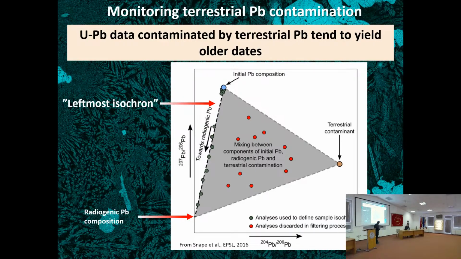So we have established a statistical protocol to remove the data that are contaminated by terrestrial lead. So we filter the data step by step until we have data that are located along the leftmost border of this triangle.